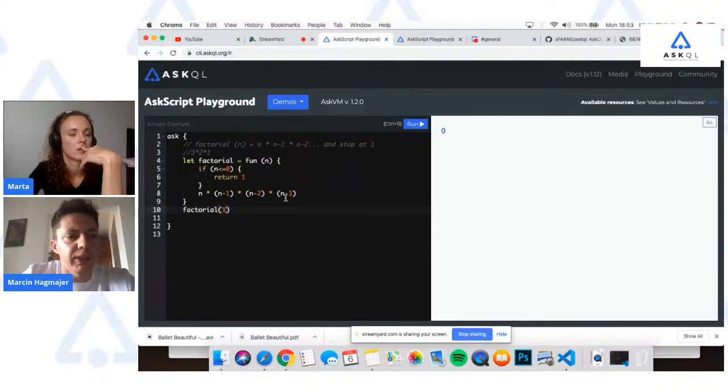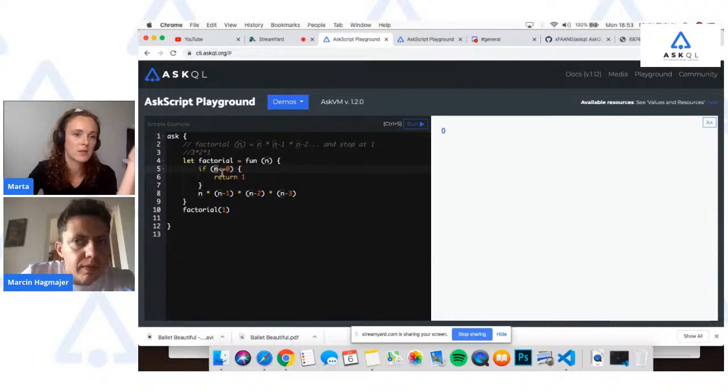Why do you think we get 0 here? Because we said that this happens in case of n being 0 or below, less than 0, but here we have this compute operation.